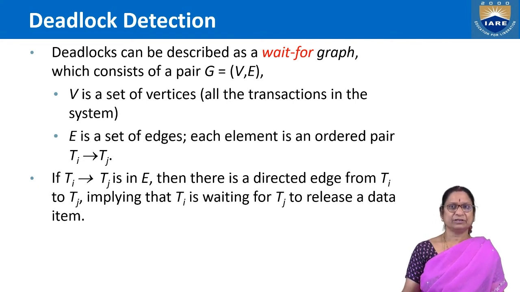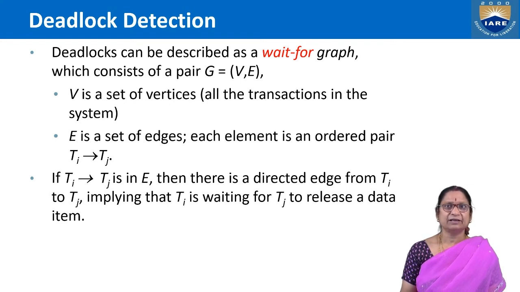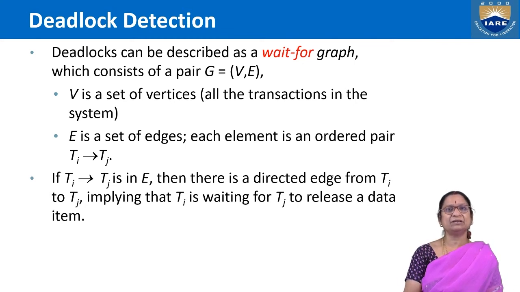What is E? There will be a directed edge from Ti to Tj if Ti is waiting for Tj to release a data item.